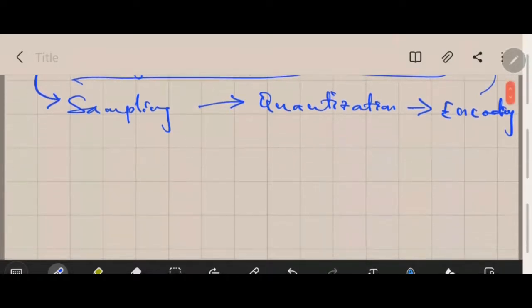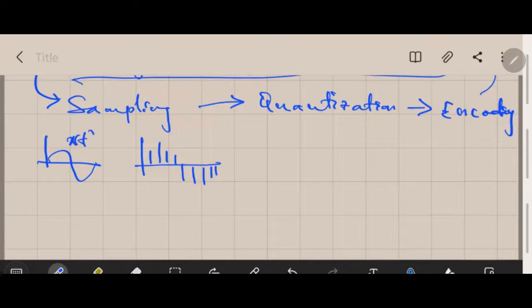Now, what is sampling? Sampling is the process by which we convert a continuous time signal into a discrete time signal. You already know what a discrete time signal is, right? In the first module we have already discussed what a continuous time signal and a discrete time signal are.